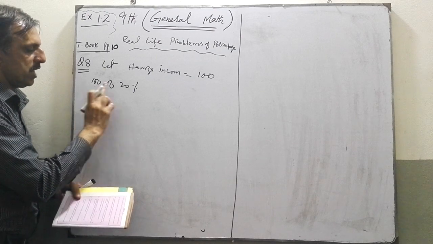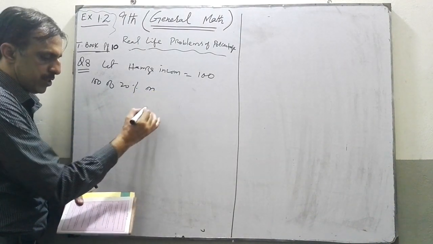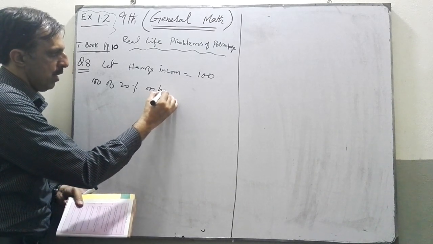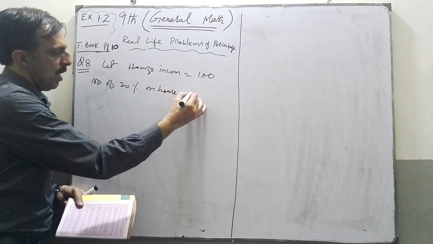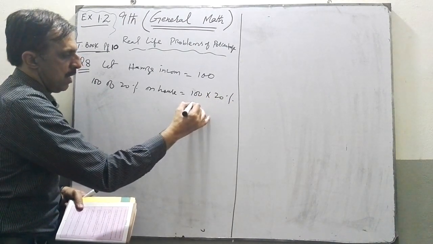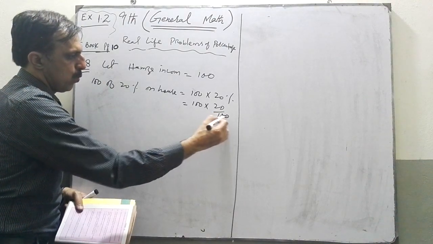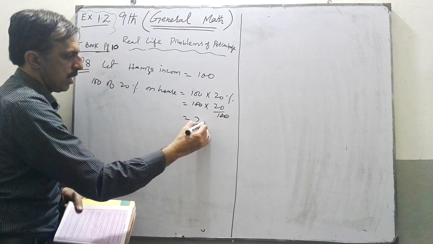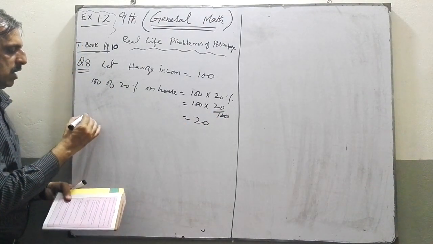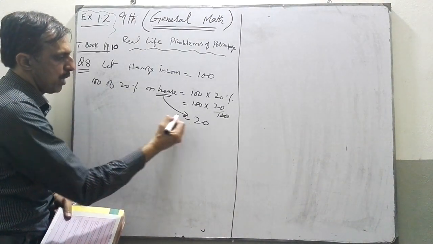Out of 100 rupees, he spent 20% on the house. That means 100 multiplied by 20 over 100, the 100s cancel, remaining 20. He spent 20 rupees on the house.